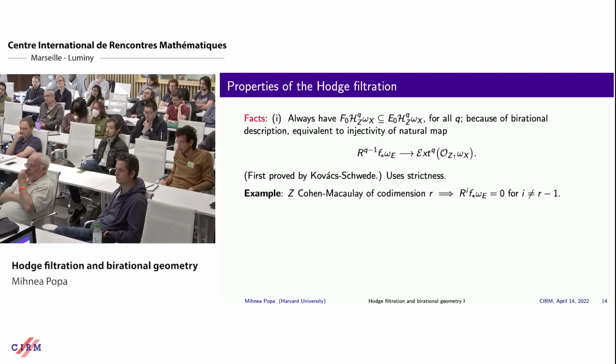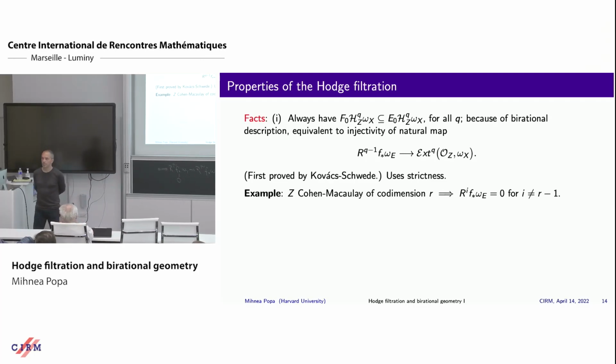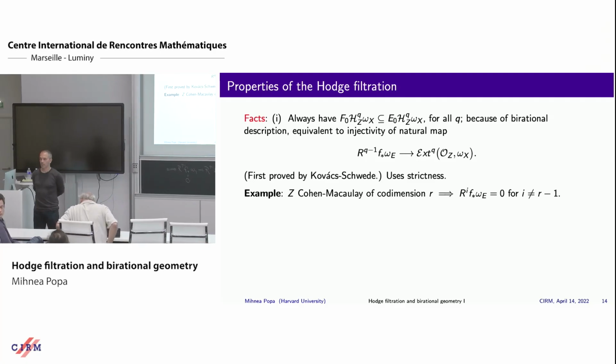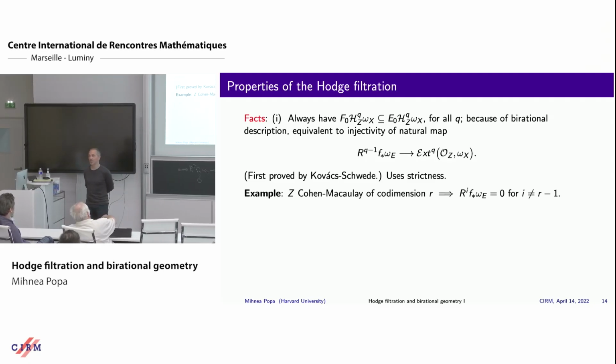But yes, that was also about the comparison between the Hodge filtration and the pole order. Absolutely. Yeah, it's coming up. Absolutely, but you're completely right. It's equivalent to being smooth.